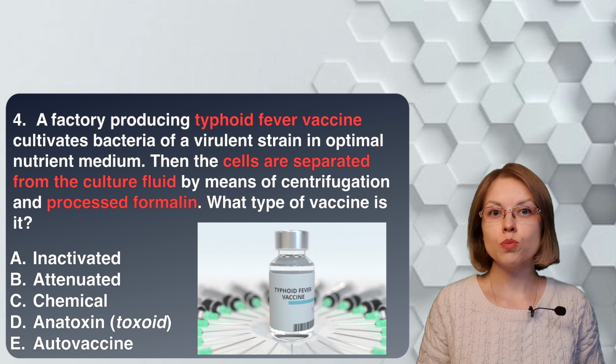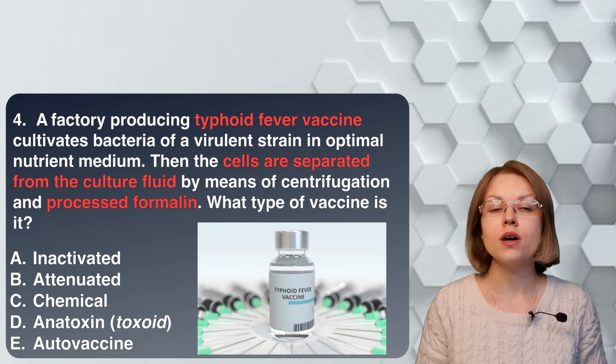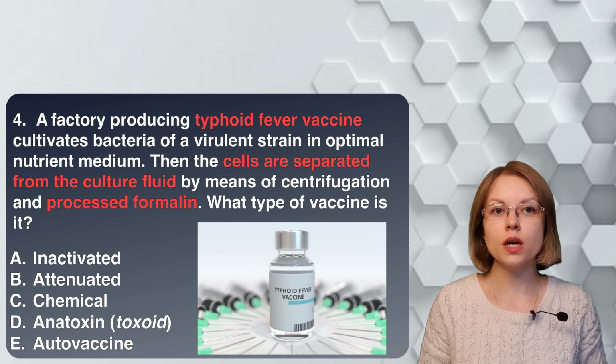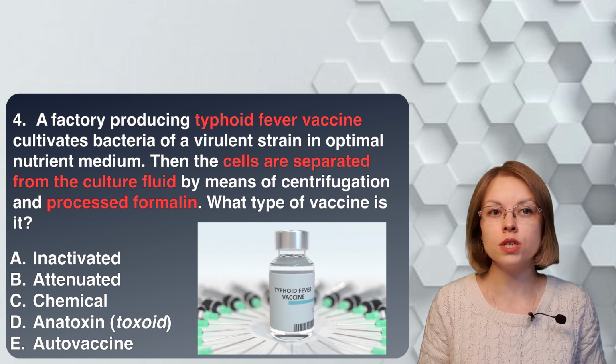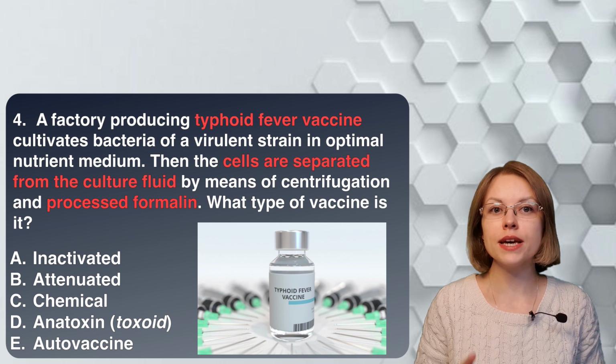The toxoid is obtained by neutralizing the toxin by keeping it in a warm 40 degrees Celsius formalin solution for a long time, but the bacteria cannot be kept there, so answer D is incorrect. Therefore, the correct answer is A, inactivated vaccine.